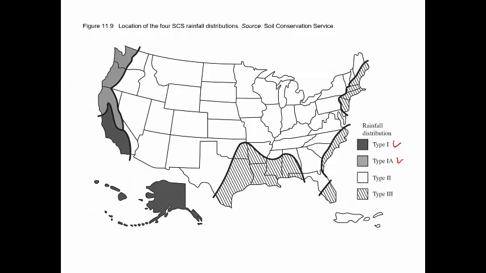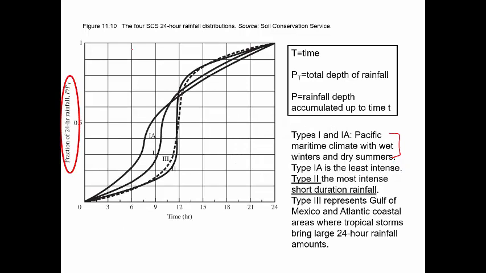Then 1A is the least intense, and this is the one that I never forget, because when you're in Seattle or Oregon on the coast, it rains a lot, but it's not very intense. You just feel like someone is constantly spitting on you, because it's very low intensity, okay? So this is what it tells you, that 1A is the least intense.